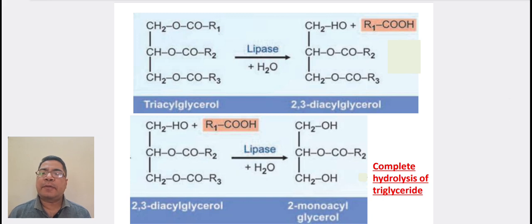Here we can see complete hydrolysis of triglyceride. Triacylglycerol is converted to 2,3-diacylglycerol plus R1COOH in the presence of enzyme lipase. Then this 2,3-diacylglycerol undergoes hydrolysis to form 2-monoacylglycerol, which is done in the presence of lipase enzyme.